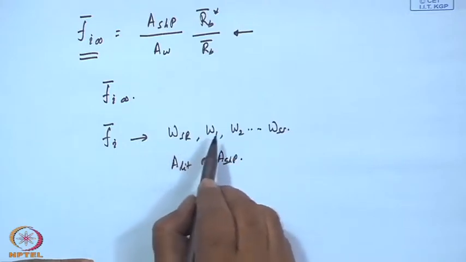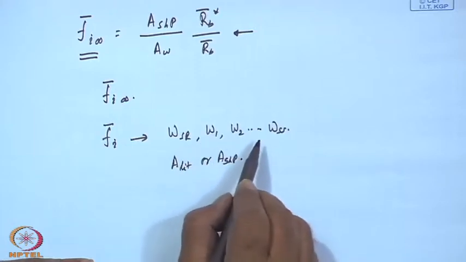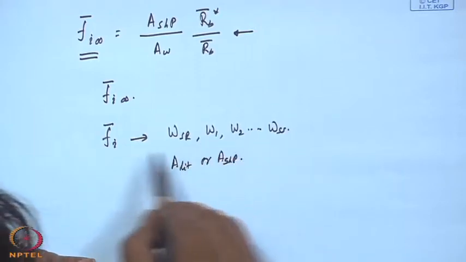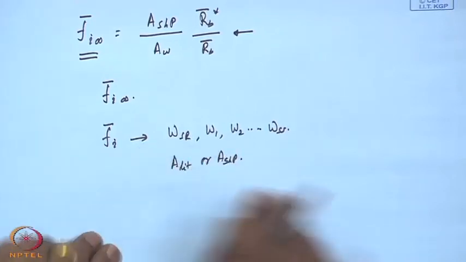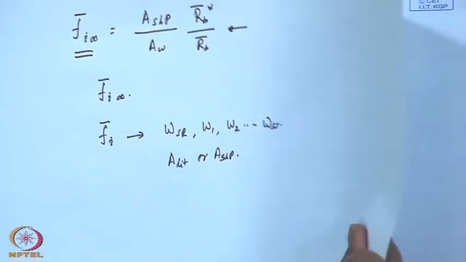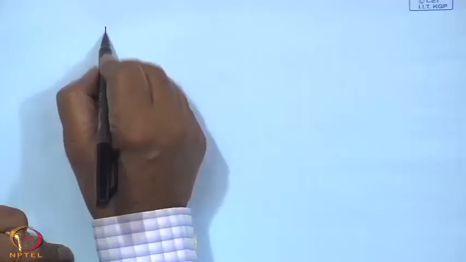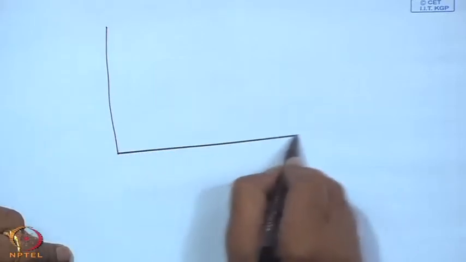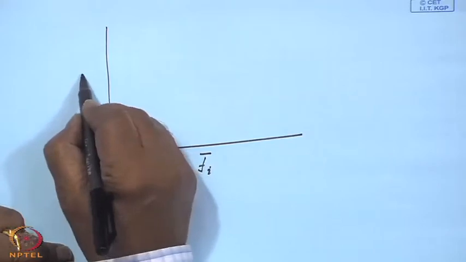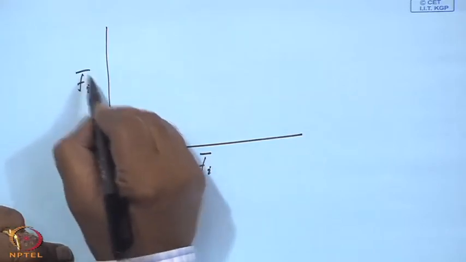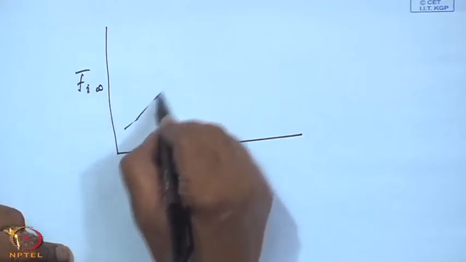It will depend upon the shape of the shadow on the window. So, this is a little tricky business. So, what people have done, particularly the work at IIT Kharagpur, is calculate numerically this F_i bar versus F_i bar infinity. Some curve will be there.